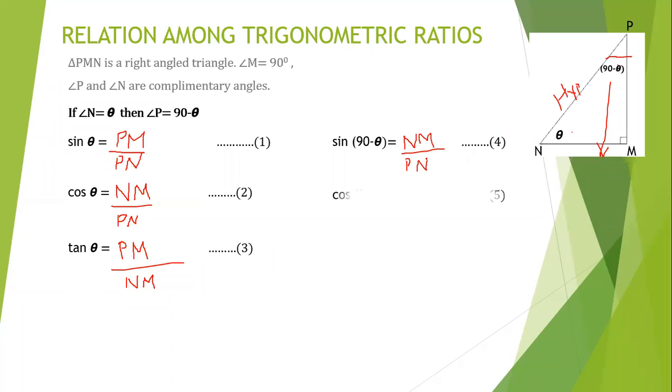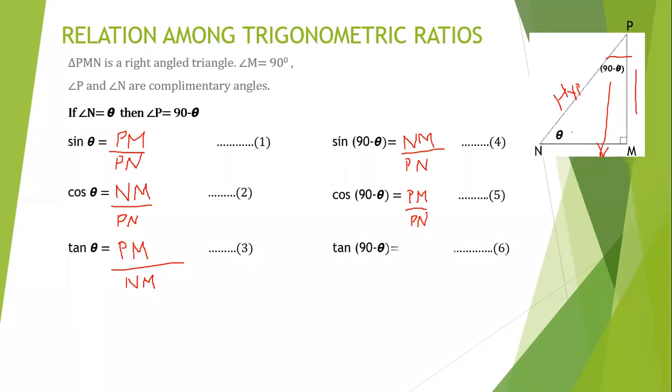Next, cos 90 minus theta. It will be the adjacent side of angle P, that is 90 minus theta, upon hypotenuse. So the adjacent side will be side PM, right? So here I am writing side PM upon hypotenuse, I will write PN.